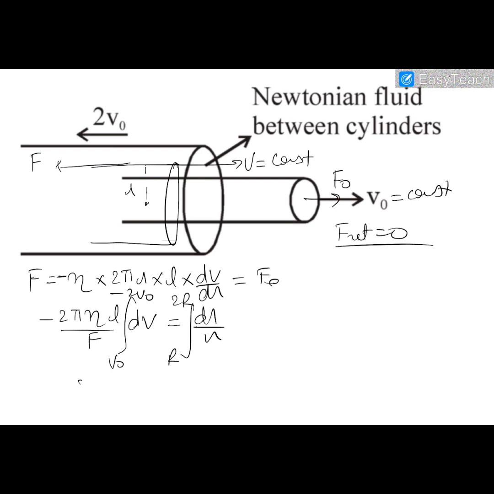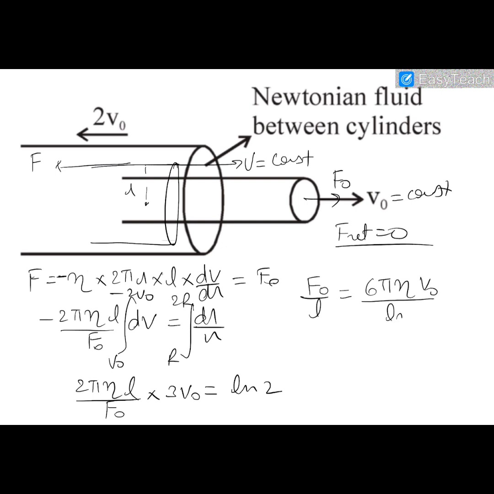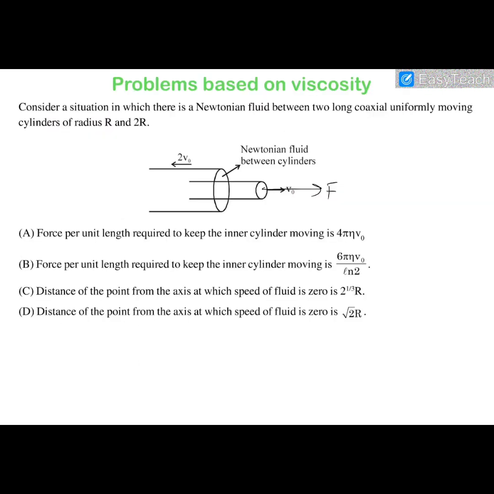So this is 2 pi neta L by F0, and this is 3v0, and that is equal to ln2. So F0 by L, the force per unit length, is equal to 6 pi neta v0 by ln2. So the correct answer will be option B.